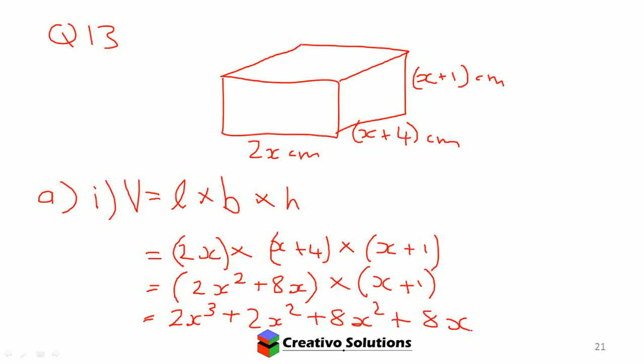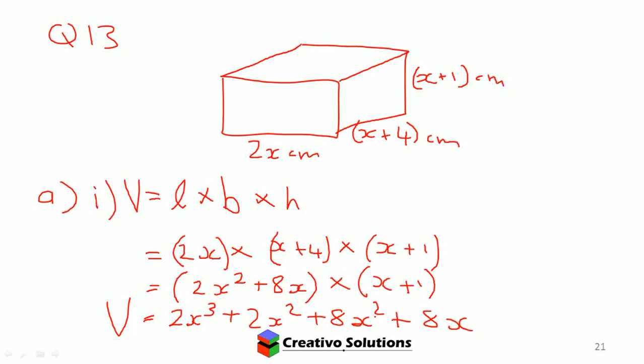Is that what they wanted? They said write down the volume of a cuboid with these dimensions. And if I'm looking at the volume of this particular box, that would be the equation for the volume for this particular rectangular open box. Number 2 says expand and simplify your answer.